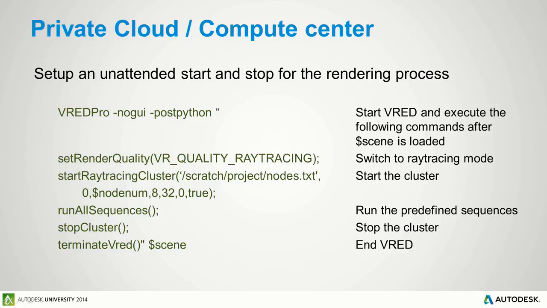And the scheduling system realizes the job stopped, the job is done. And then it releases the nodes, and then the next job can start. So the last two commands are really important, so that the scheduling system sees, okay, the job is done, I can use those nodes for other jobs.